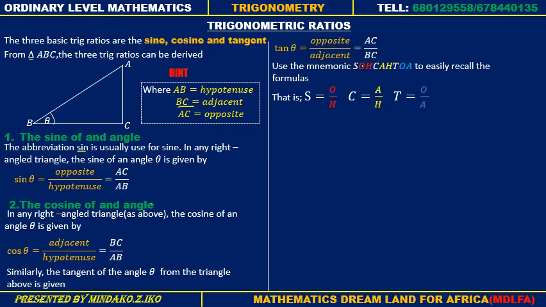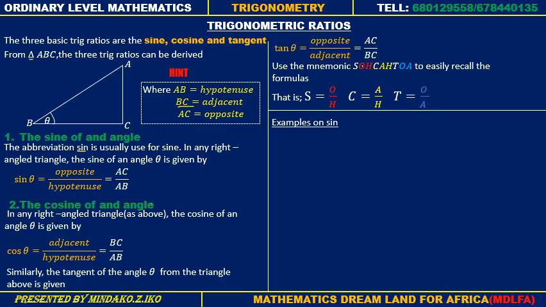We have S equals opposite over hypotenuse, C equals adjacent over hypotenuse, and T equals opposite over the adjacent. Now I think we are going to look at the examples.